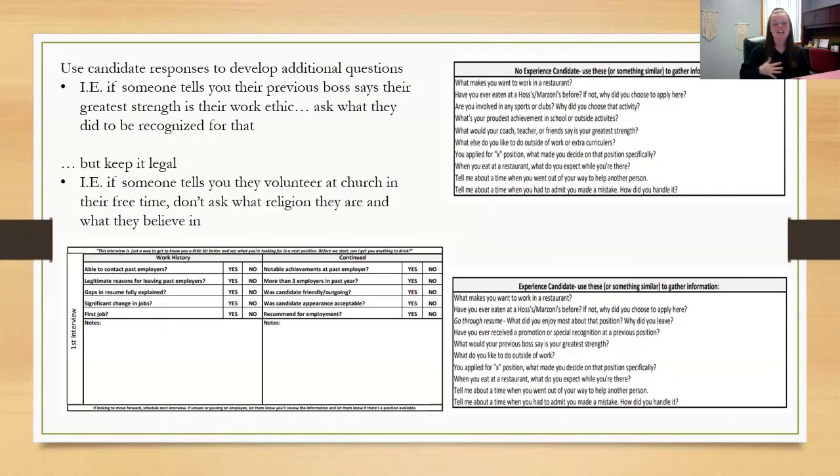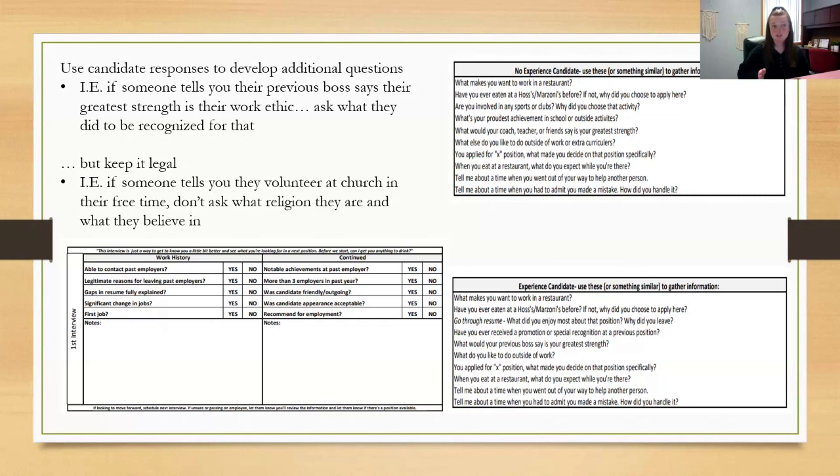How did they get into that status of having a great work ethic? We can't come up with every scenario of what people are going to say in follow-up questions for the actual applicant sheet. So just kind of use your people skills to be able to develop those questions.